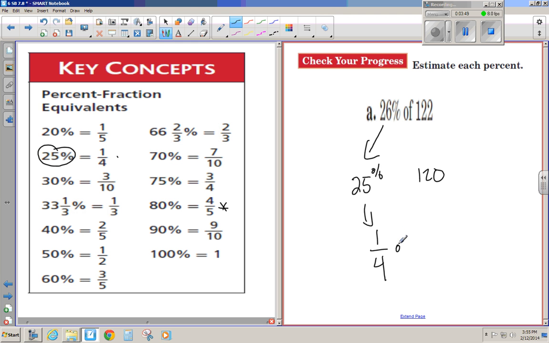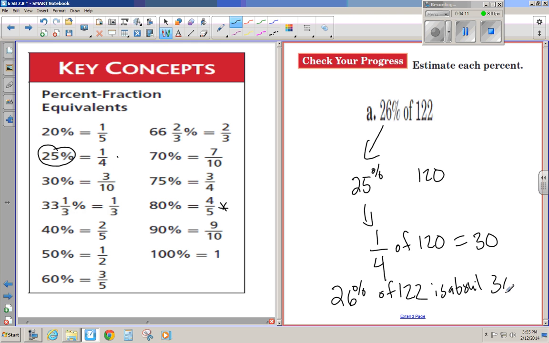So 1/4 of 120 is equal to 30. So when you answer this, you could say 26% of 122 is about 30, and you could be done.